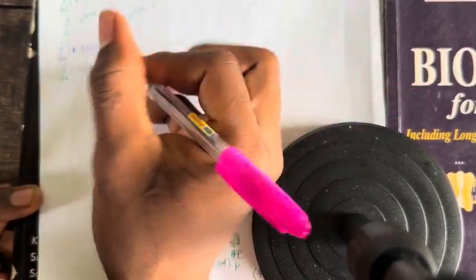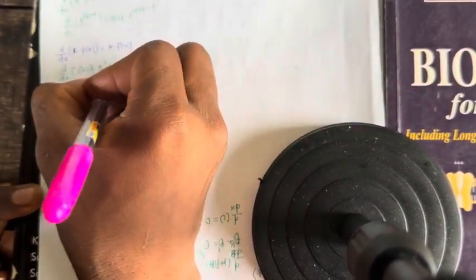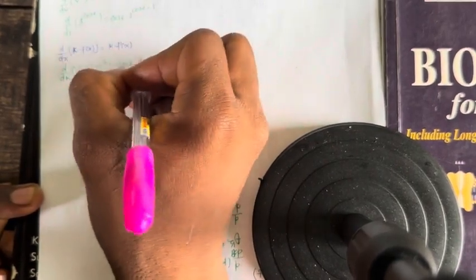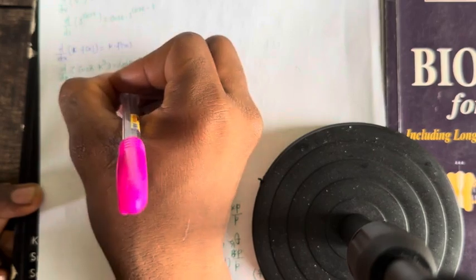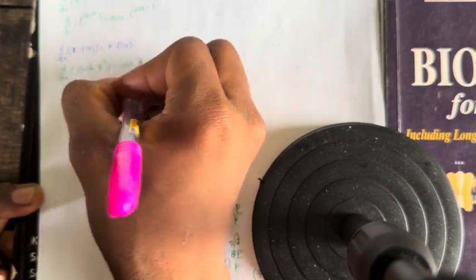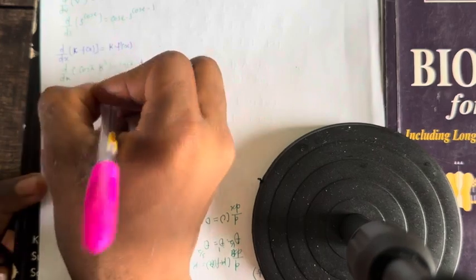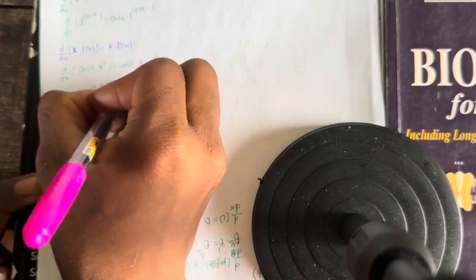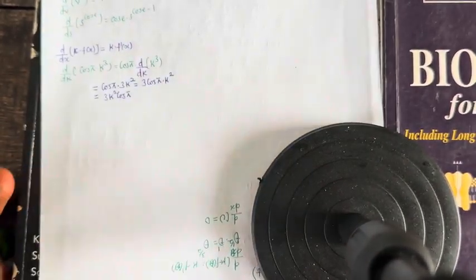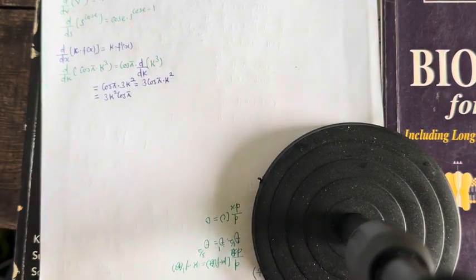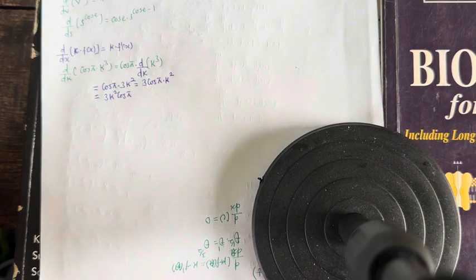So evaluating the derivative, this will just be cos pi multiplied by the derivative of k cube, that's 3k to the 3 minus 1, which is 2. So 3 cos pi times k square, or let's put it like this, 3k square cos pi. It's better to put it this way to avoid confusion. I hope you got that.